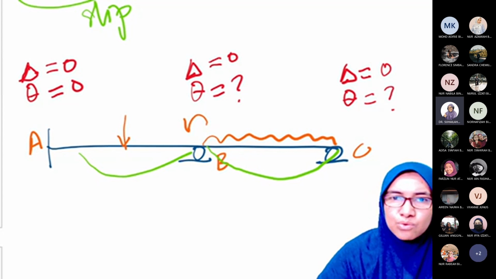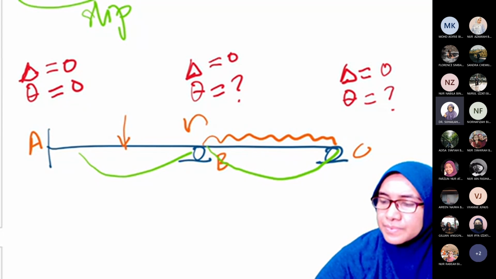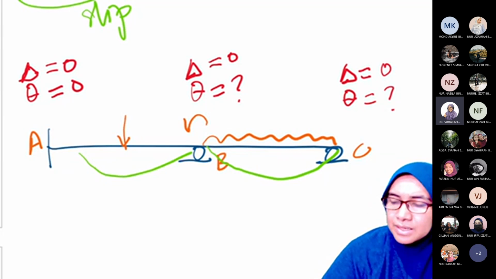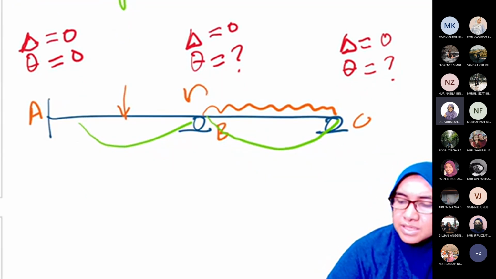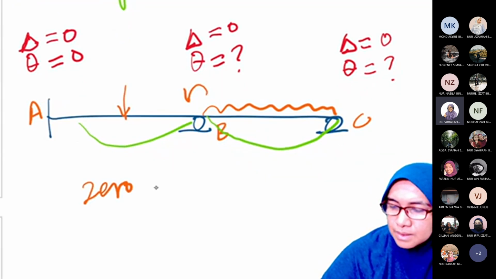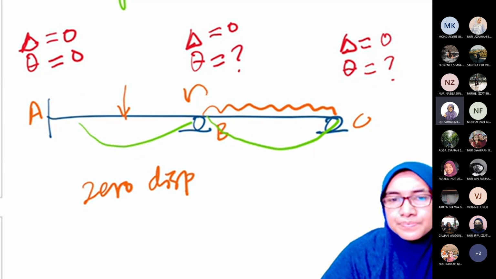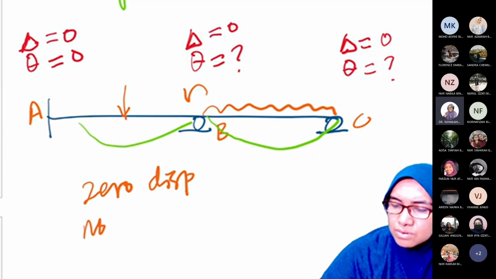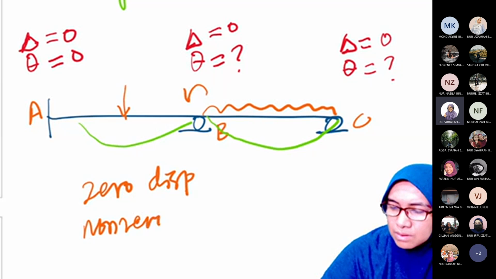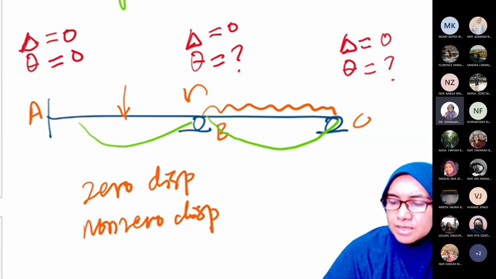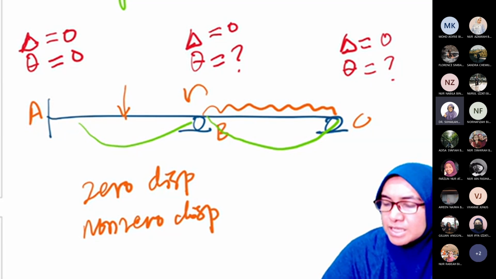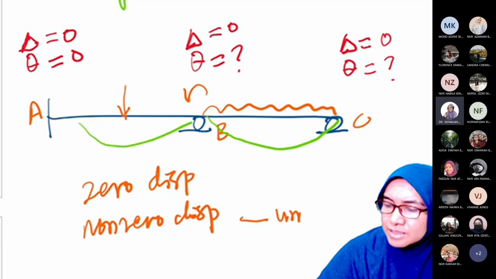So dekat sini ada two things. Apa dia two things tu? Zero displacement and non-zero displacement. So non-zero displacement ni lah dia unknown displacement.